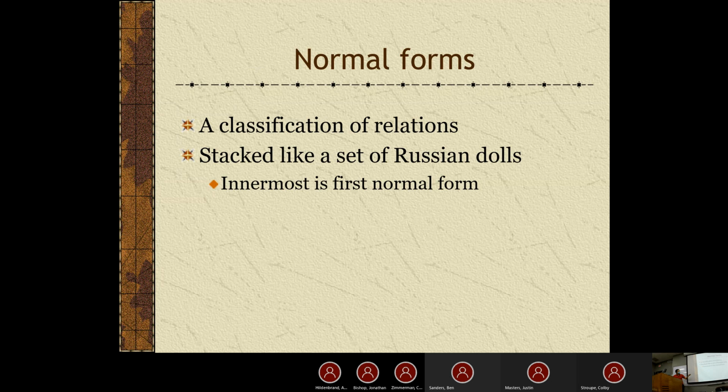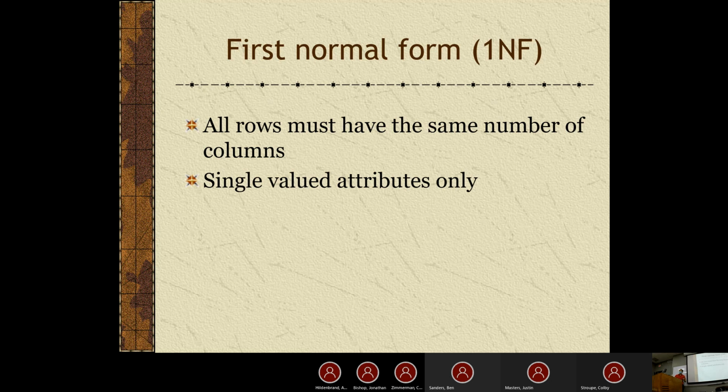So we get to the first normal form. That's the one in the very center, the smallest one. I don't know that that's going to help you make any sense of it, but that's the analogy. When we're at first normal form, we've taken a table and ensured that each and every row inside the table has the same number of columns.